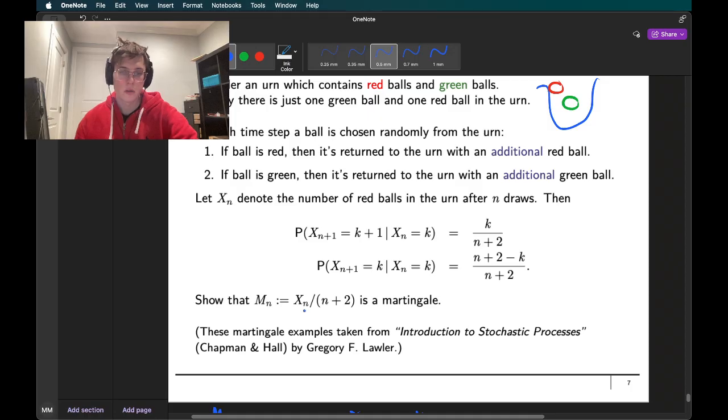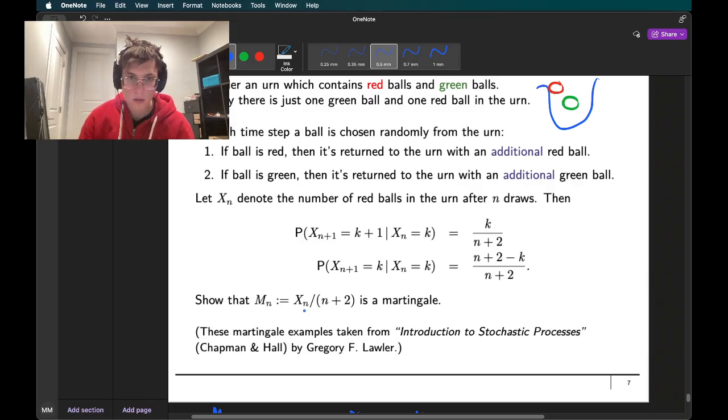Okay, show that it's a martingale. So I already did some scratch work here, but I'm going to do it again in a different color. So the expectation of Mn+1 given the filtration Fn. Mn+1 is equal to Xn+1 over n+3. Again, the number of balls keeps increasing, which is why we have this factor down here, n+3.